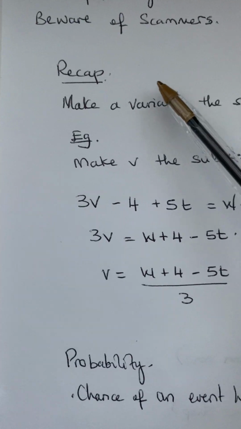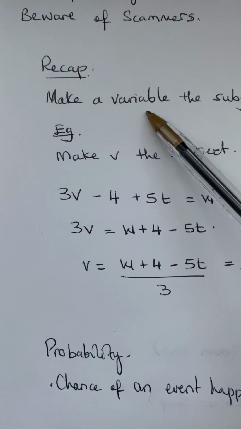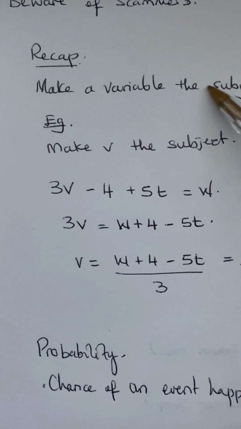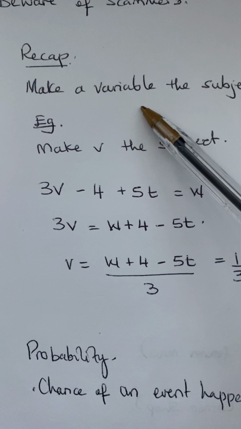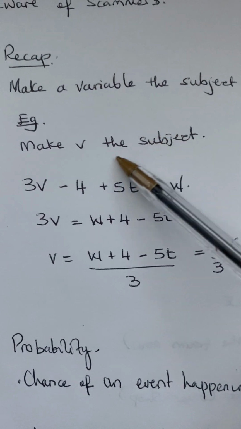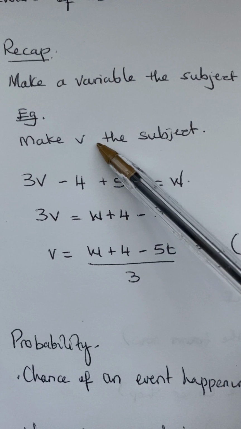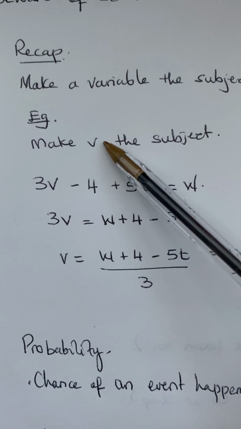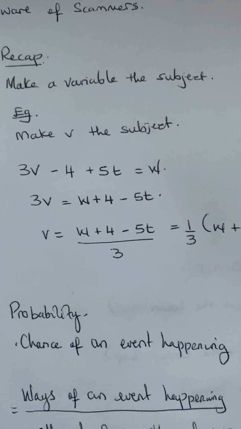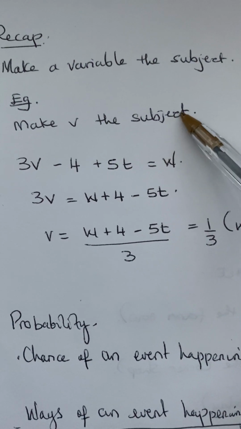Now, a recap from our last lesson. We're finding the subject, basically. So we're making variables the subject of formulas. And we said that until you get to that last step where you've made the variable they're asking for the subject, then you haven't finished. So a quick recap: make v the subject.